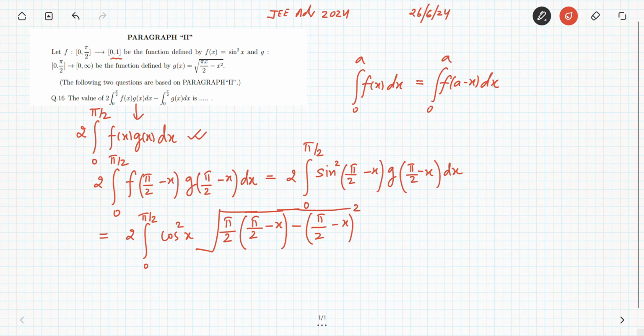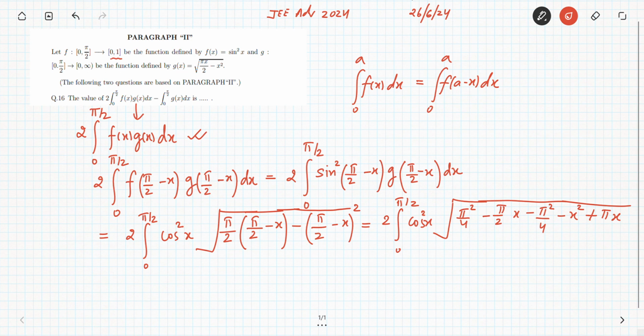Okay, now if I go to evaluate this expression, then it will be the integral from 0 to pi by 2 of cos square x, and here under the square root it will be pi square by 4 minus pi by 2 of x, and minus of pi square by 4 minus x square, and minus 2 pi x it will come, then it will be plus pi x. Okay, here it is dx.